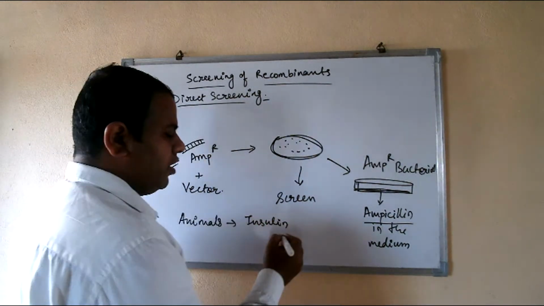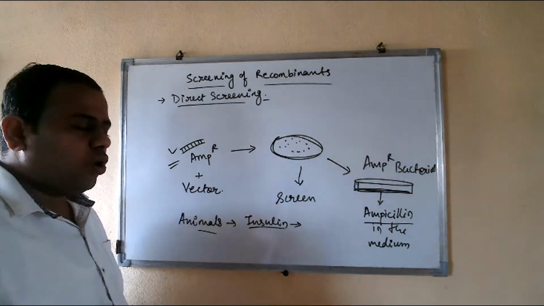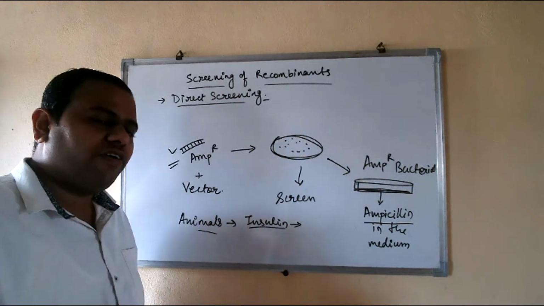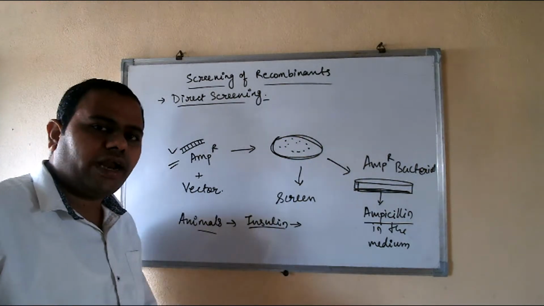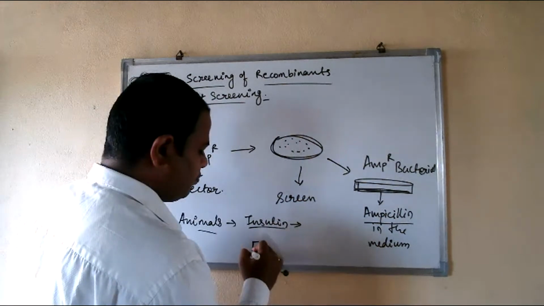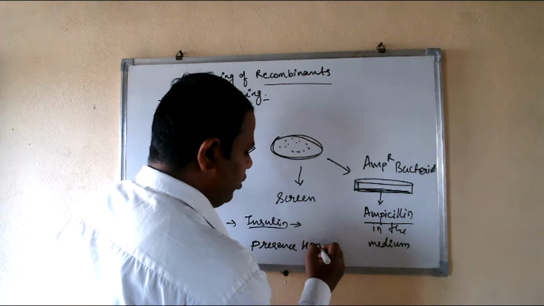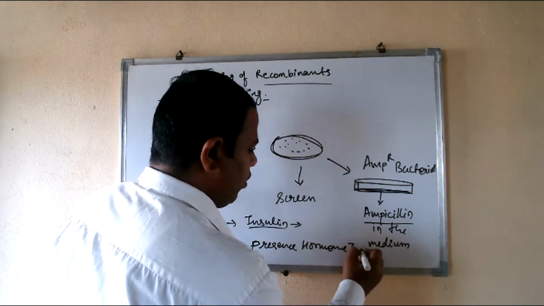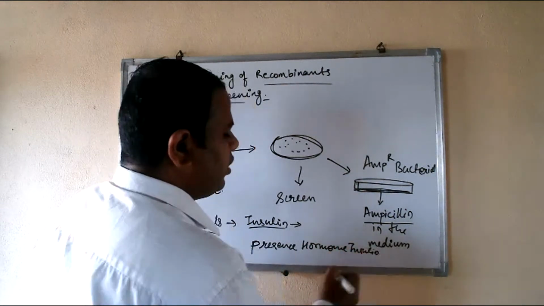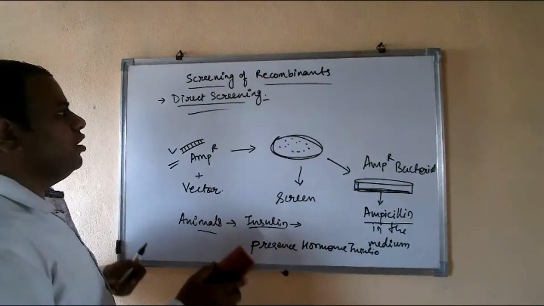So you have inserted the particular gene, and you check whether this insulin gene is inserted into that animal or not. You can do it by checking the presence of hormone insulin. Likewise you can go for direct selection or screening of recombinants.